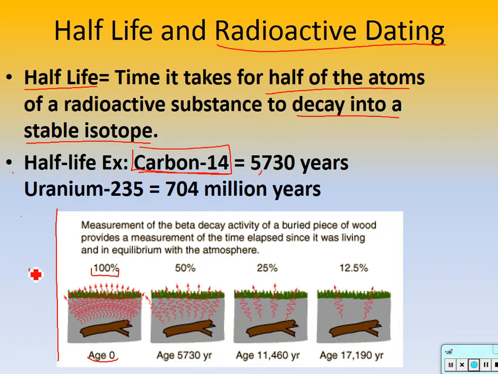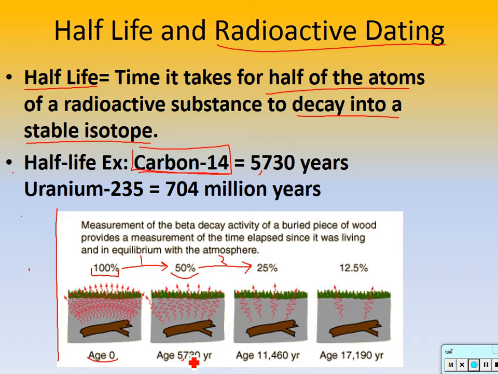Well, what if only 50% of the radiation is being given off that it should be? Well, then we know it's gone through one half-life, because what's half of 100%, guys? 50%. So it's gone through one half-life, and we know that the half-life is 5,730 years. So you could date that log, right? What if only 25%? How many half-lives did it go through now? 2 half-lives.